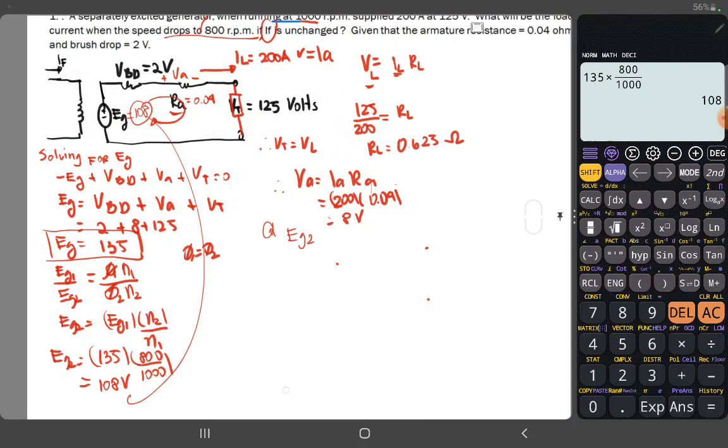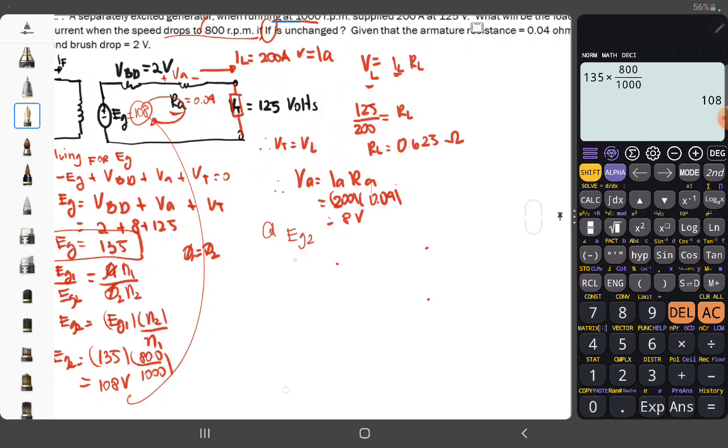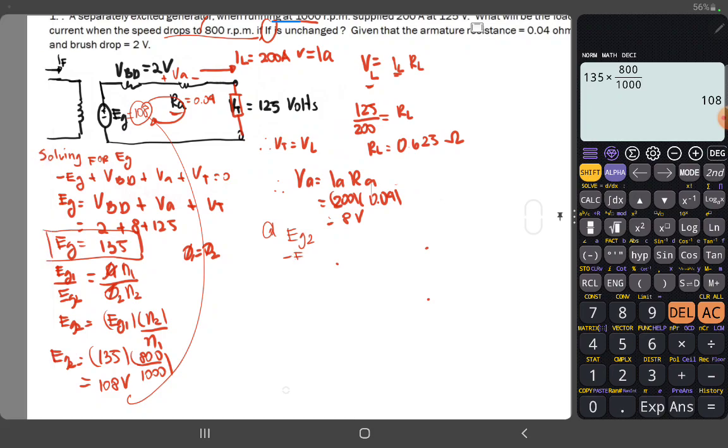So from here I will have negative EG plus VBD plus VA plus VL equals 0. This time our VL is not equal to 125. Okay.